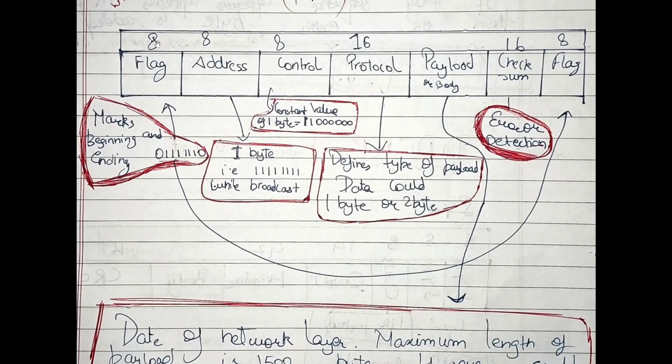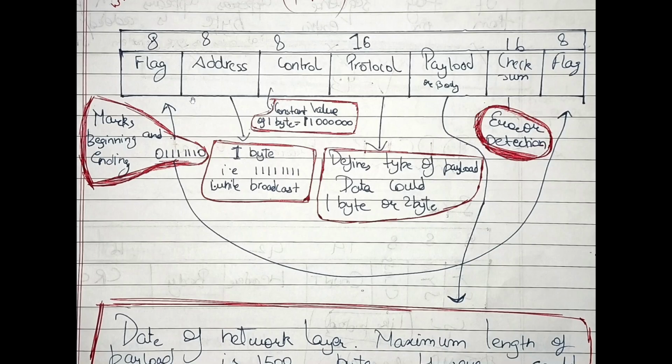We will be having a flag in the starting and in the ending that will be distinguishing a frame from another. Afterwards, going on from the flag, we have address, then control, then protocol, then payload, then checksum, and then again flag, which will be denoting the ending of a frame.